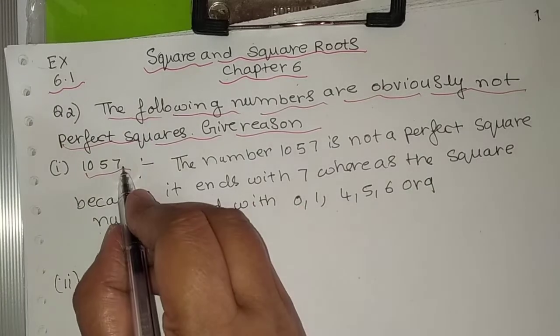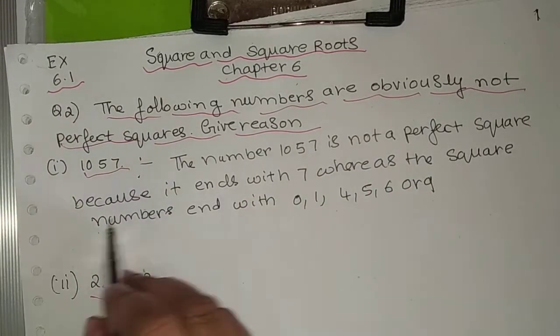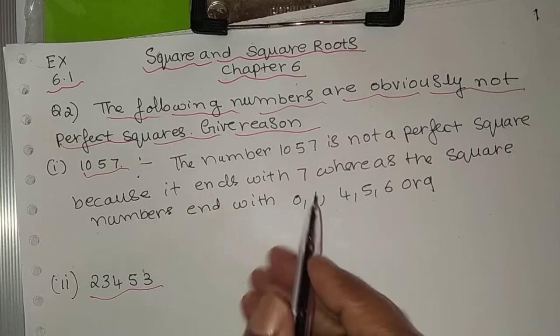Here we have 7. Therefore, it is not a perfect square because it ends with 7.